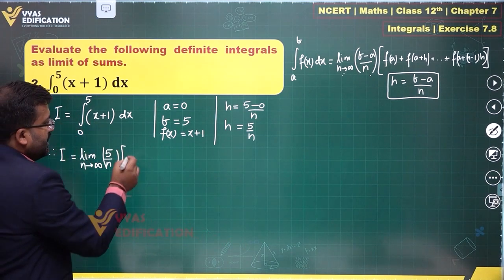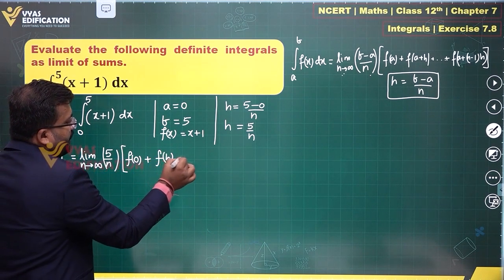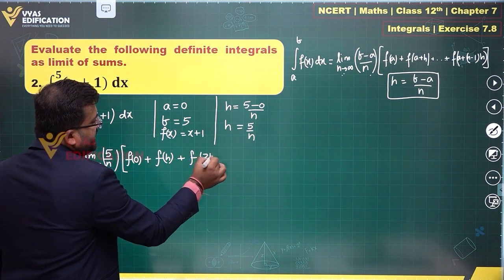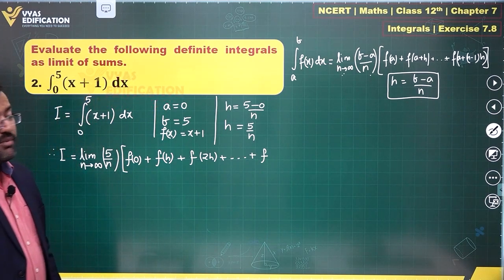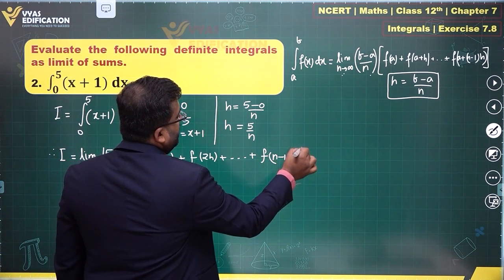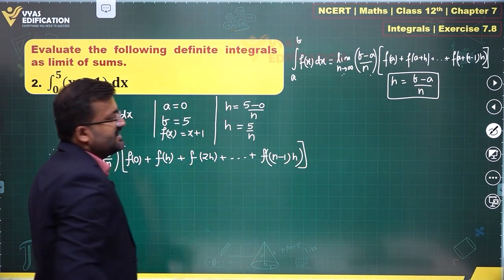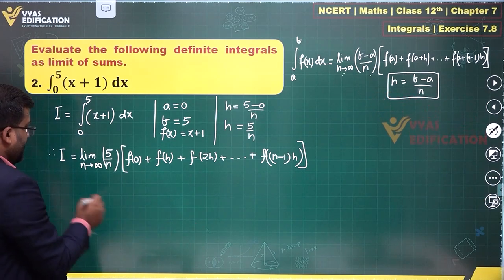So let me write f(0) first. f(0) plus f(h), f(2h) plus dot dot dot plus f((n minus 1)h) is what I'll get. This is the first bracket, right? That's the first expression. This is what I would like you to follow.